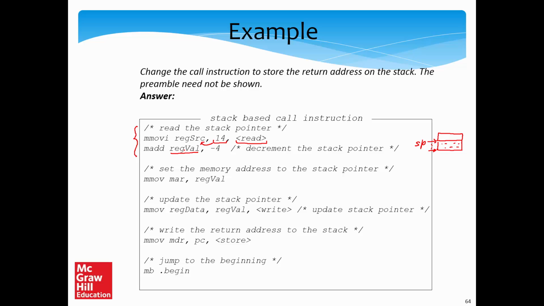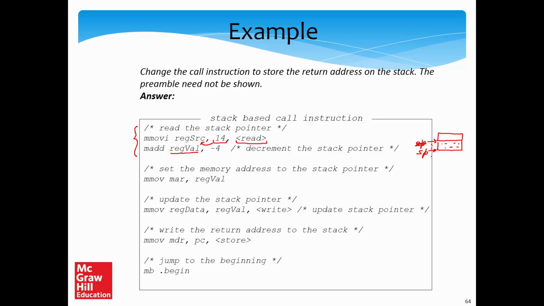So we are essentially decrementing the stack pointer here. We read it first, then we use the madd instruction to add -4 to it. Once we decrement the stack pointer, this becomes the new value of the stack pointer.